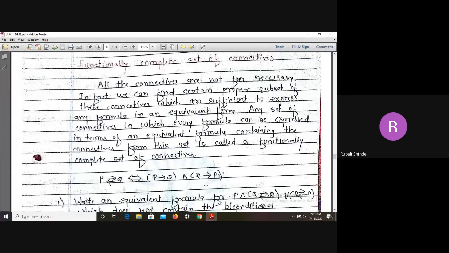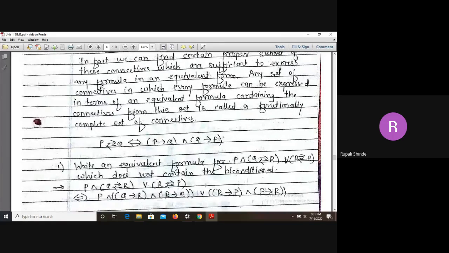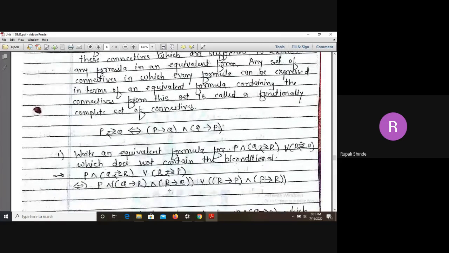So that set is called functionally complete set of connectives. So like friends, here some examples are given. First example they have given: write an equivalent formula for this given formula which does not contain biconditional. Means from this formula we have to remove this biconditional.